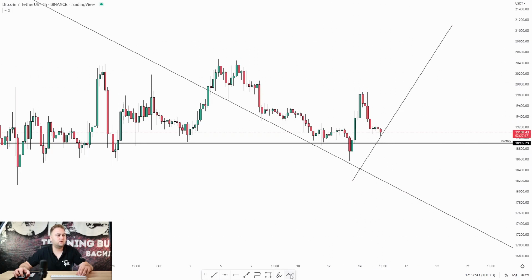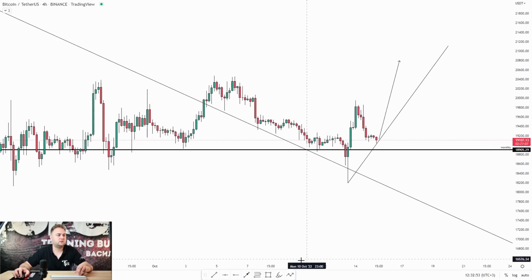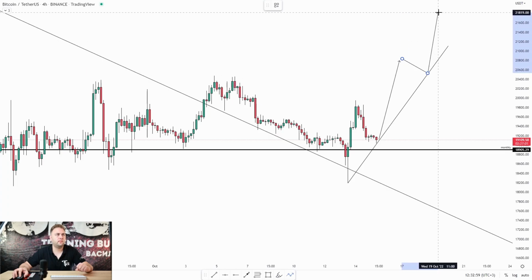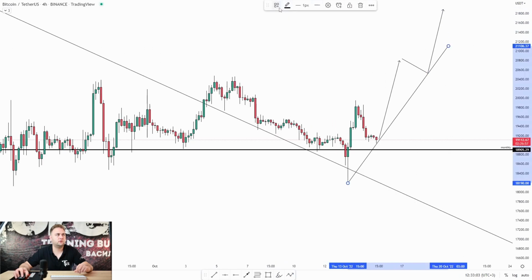If from here we see that the price is making the new impulse wave, it's going to be our low, and we can expect the price to come back to this trend line, and if it pushes back, this is going to be a confirmed 4-hour trend line. But we are going to see this in the next week.